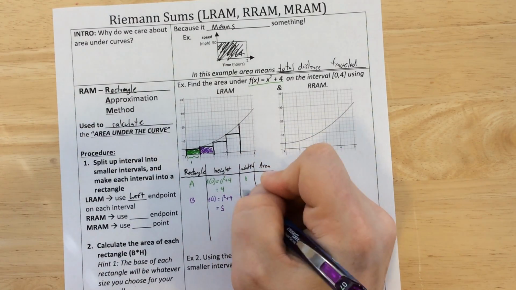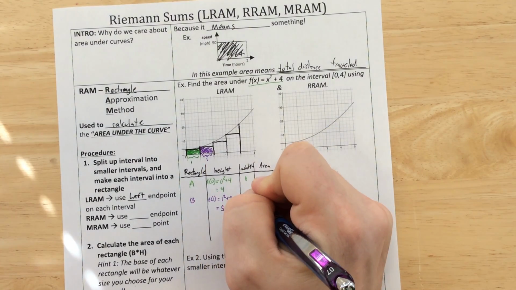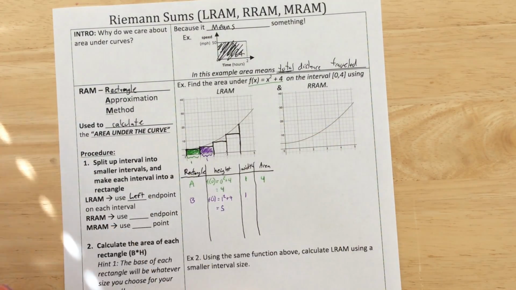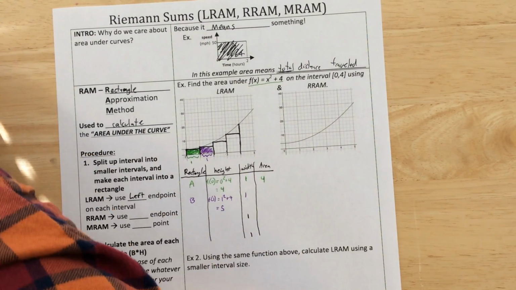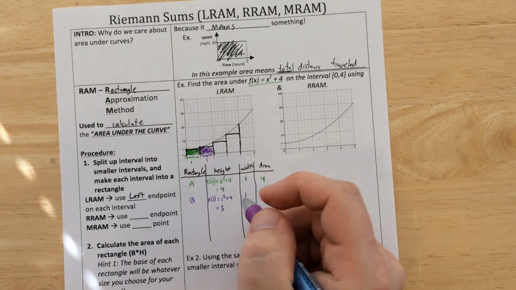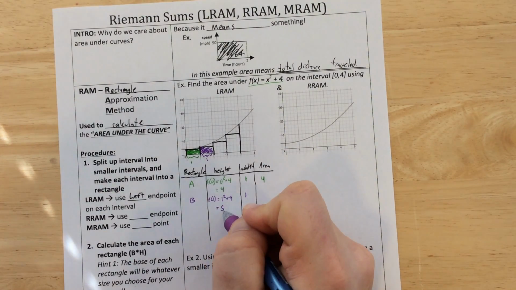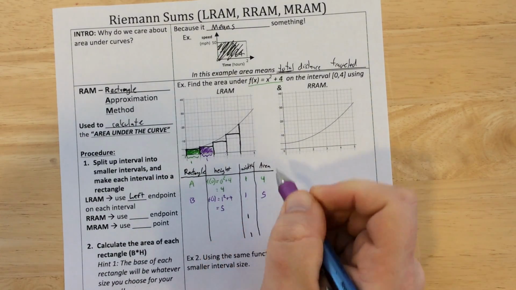The width of that rectangle, just like the first one, is from 1 to 2. That's a width of 1. And in fact, you can probably see in this example the widths of every single rectangle will be 1. So the area of the second rectangle is 5 times 1, which is 5.